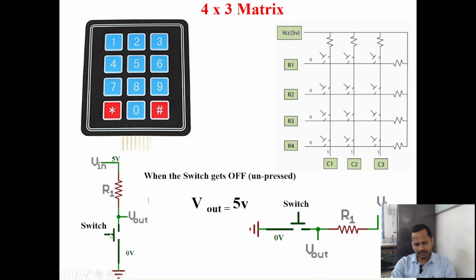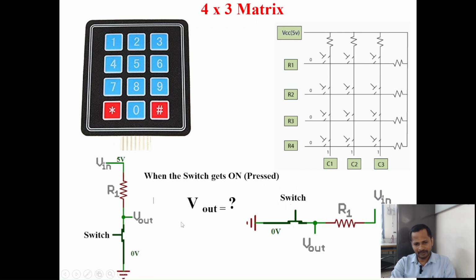If the switch is open, then there is no current flow through this resistance and this switch, and there is no current flow. So by default you are going to have the entire voltage. Since there is no current flow, there is no drop across the resistance. The entire voltage comes to this particular point. That is why we have 5 voltage.